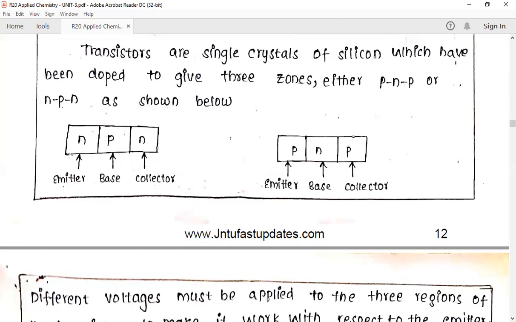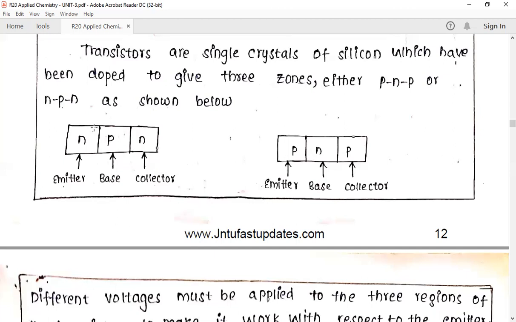The forward bias in the emitter base junction causes the electrons to move towards the base. In the previous one, the holes were moving towards the base. Here in the NPN junction, the electrons move towards the base, and it constitutes the emitter current.